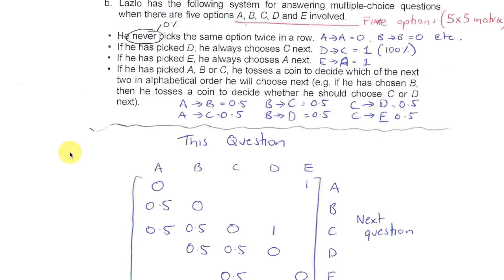So in this second example of a transition matrix, we've got this student, Laszlo, who follows a system of answering multi-choice questions in an exam or a test. So he has 5 options, A, B, C, D, and E. And these dot points show how he makes the next selection.